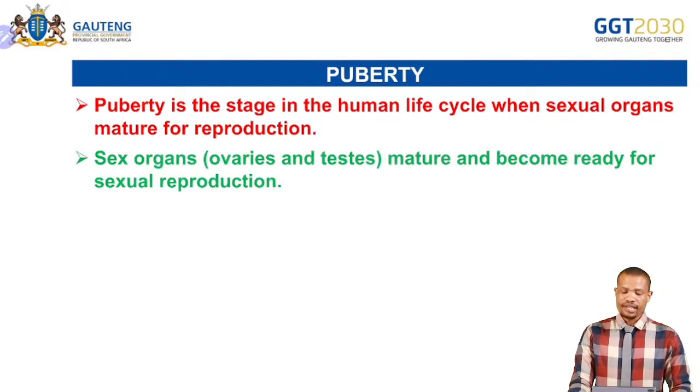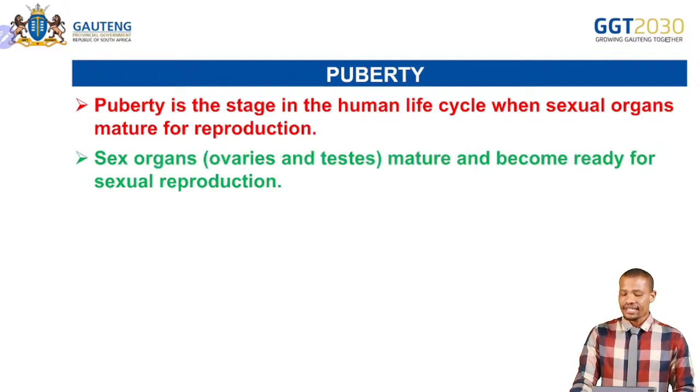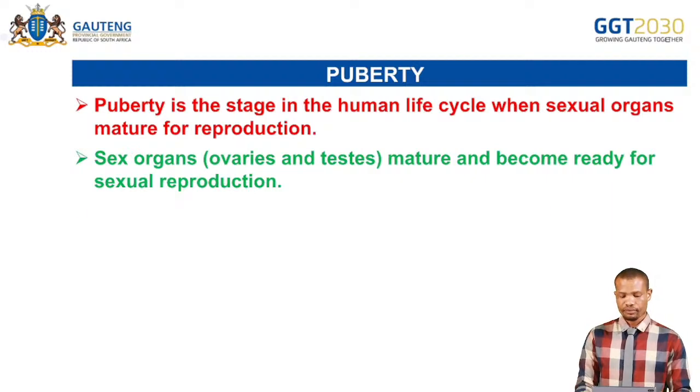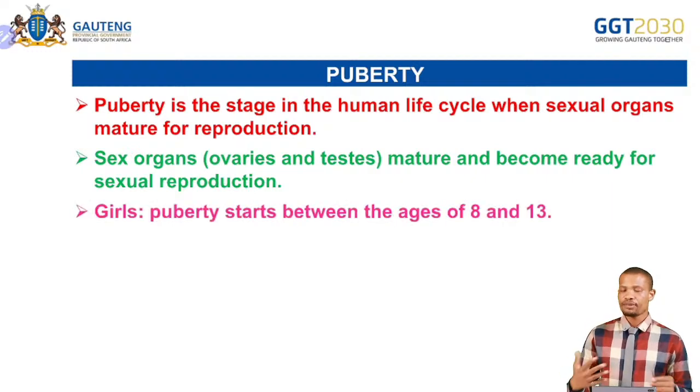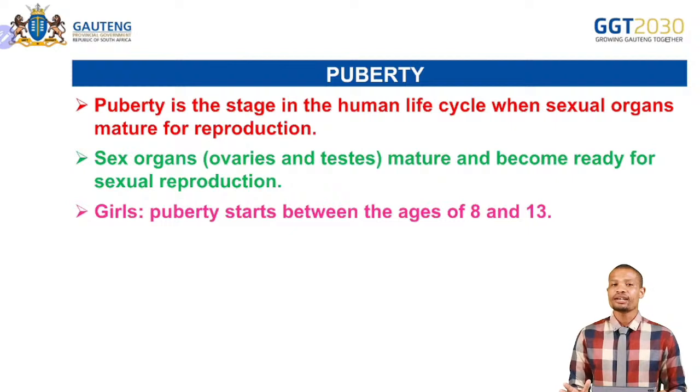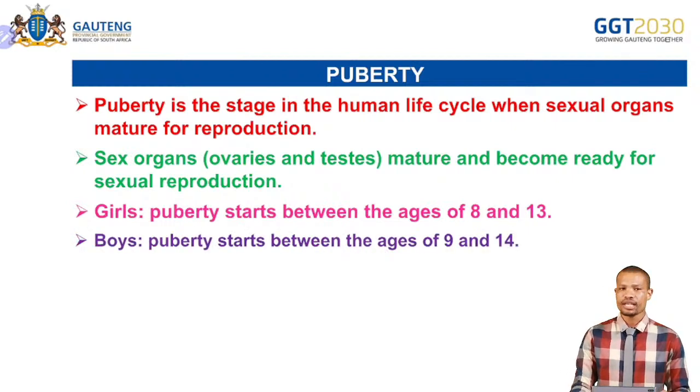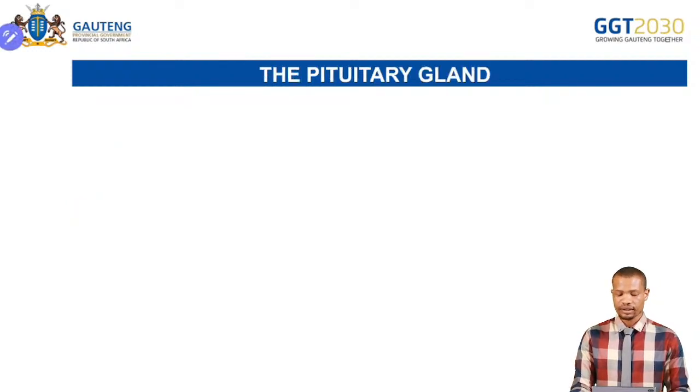So the sex organs, which are the ovaries and the testes, mature and become ready for sexual reproduction during puberty. So in girls, it begins between the ages of 8 and 13, and in boys, it begins between the ages of 9 and 14. Right.